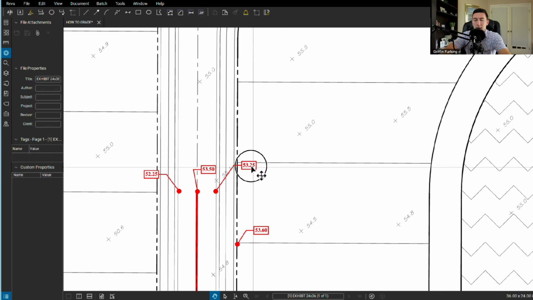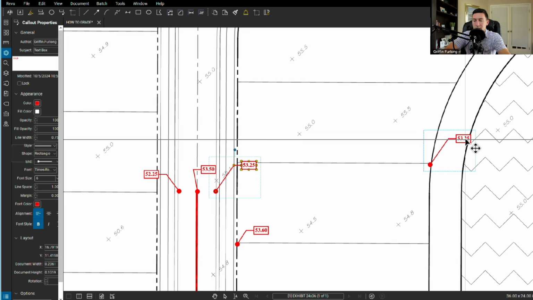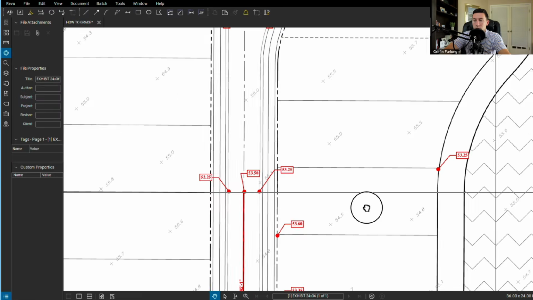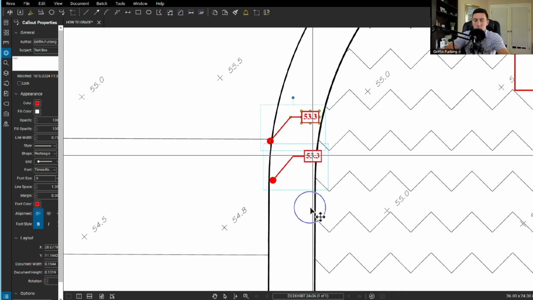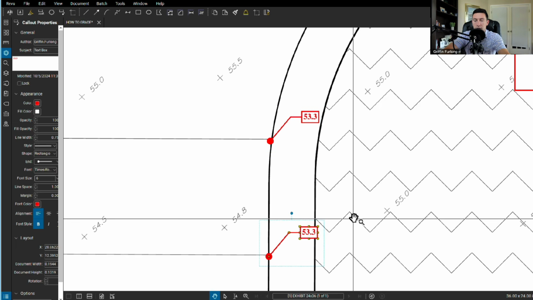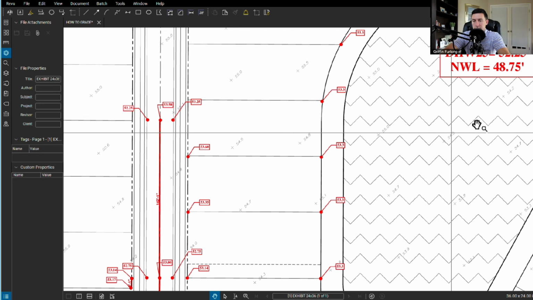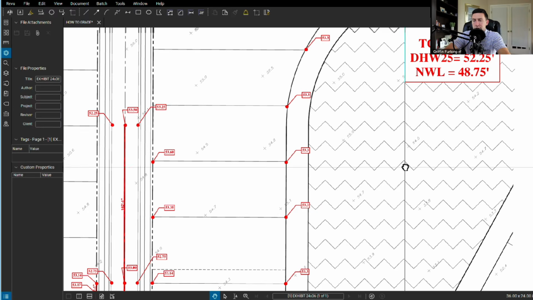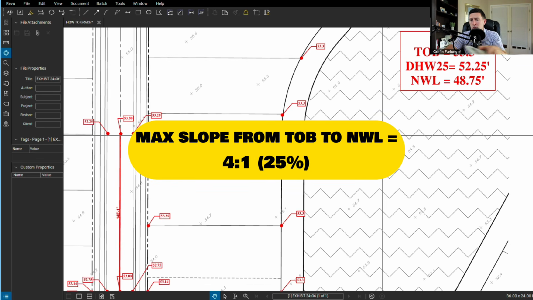So let's go ahead and just take a few of these points here and start setting this grade here. So we know that it has to be 53.3. So we need to make that 53.3 grade known on this top of bank line, so that's just one of our constraints here. Now, one constraint that I didn't really talk about is that we have a max slope between this pond top of bank to the normal water of 4:1.